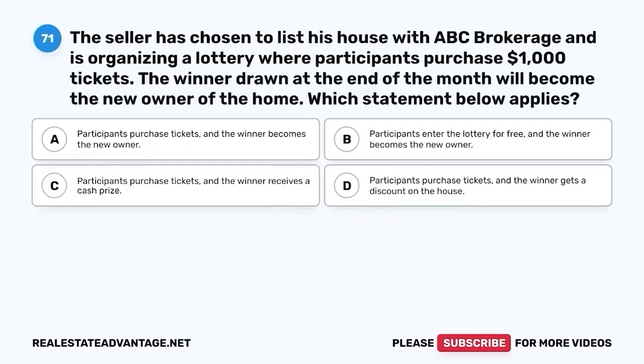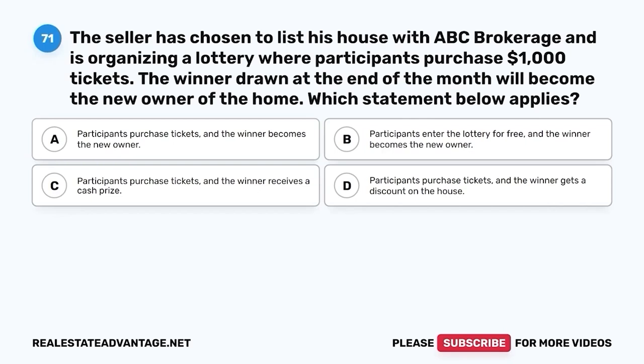Question 71. The seller has chosen to list his house with ABC Brokerage and is organizing a lottery where participants purchase $1,000 tickets. The winner drawn at the end of the month will become the new owner of the home. Which statement below applies? A. Participants purchase tickets, and the winner becomes the new owner. B. Participants enter the lottery for free, and the winner becomes the new owner.